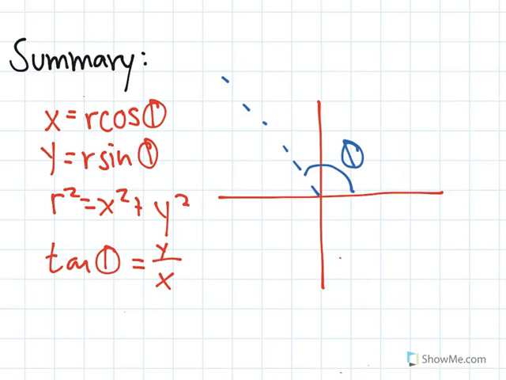So if r was positive, if r was 3, then you would move 1, 2, 3 units away from the origin. But if r was equal to negative 3, you'd be moving 3 units in the opposite direction, so you would have your point over here. So just keep that in mind. You need to remember which direction you're moving from the origin when you're graphing in polar, because that can get a little tricky.